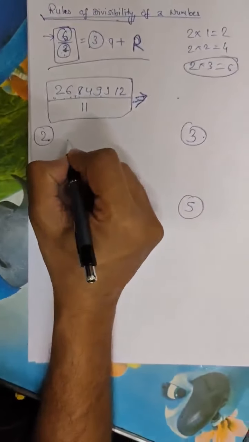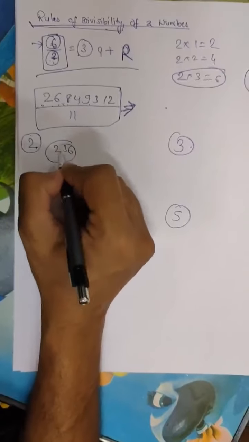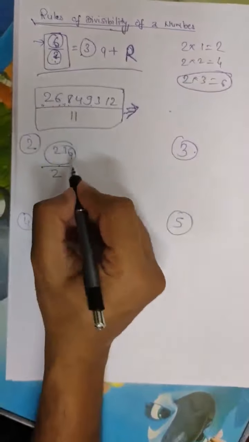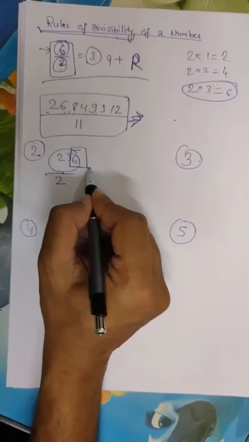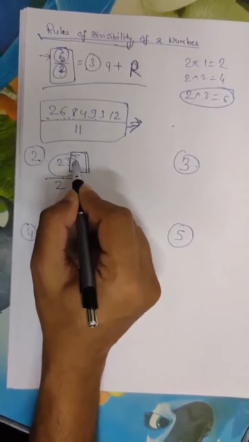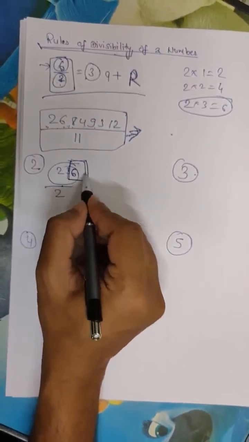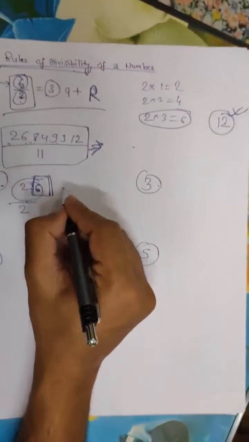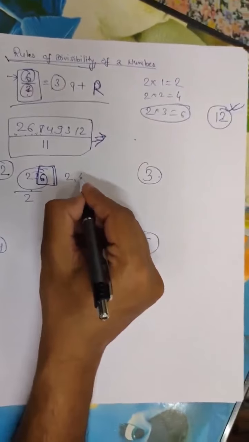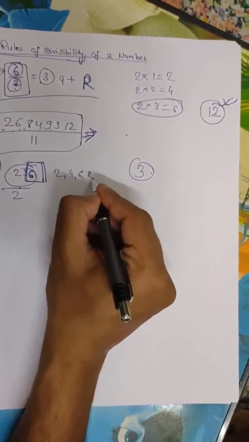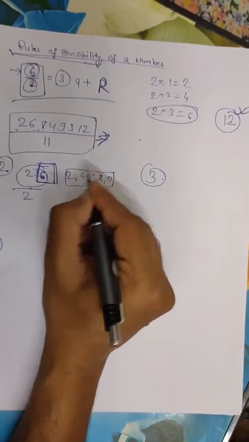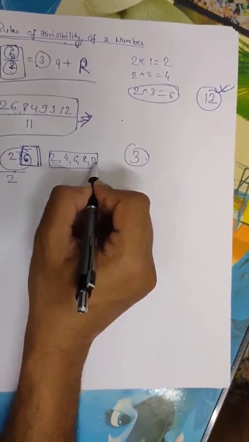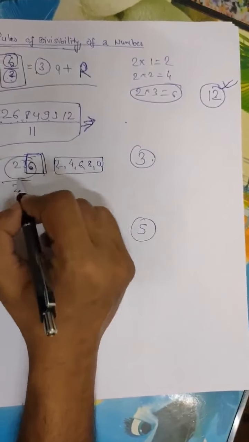Suppose you are given 236. Is this number divisible by 2 or not? How will you calculate? For this, all you have to look at is the last digit. Just see the last digit of the given number, and if it is 2, 4, 6, 8 or 0, then the whole number is divisible by 2.